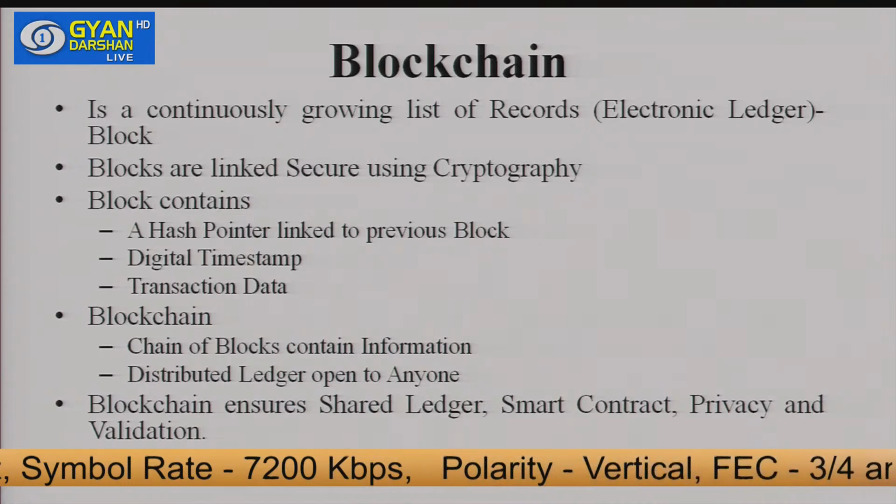By linking the blocks, we can say it is a blockchain. So what is a blockchain? A chain of blocks that contain information, a distributed ledger open to anyone. How will it be formed? It has to be approved by each and every person who is participating in the transaction process.